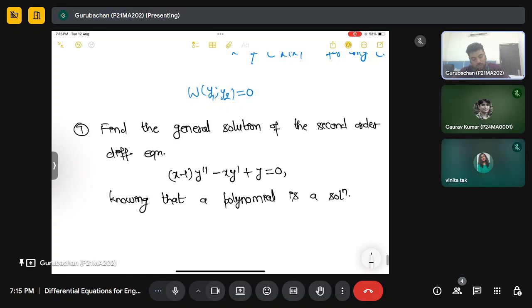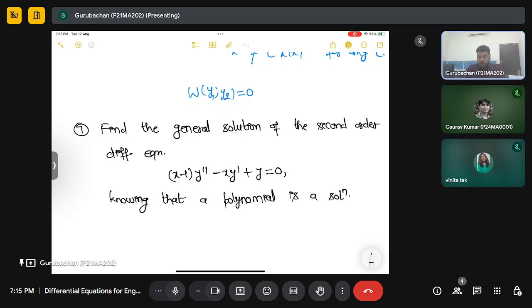So this particular question is based on the approach that we are aware of one of the solutions, and we try to calculate its second solution with the help of this first solution, as well as with the help of the Wronskian of these two solutions.